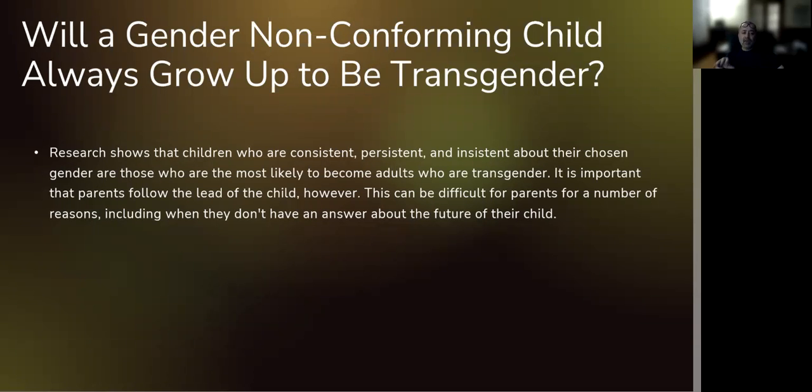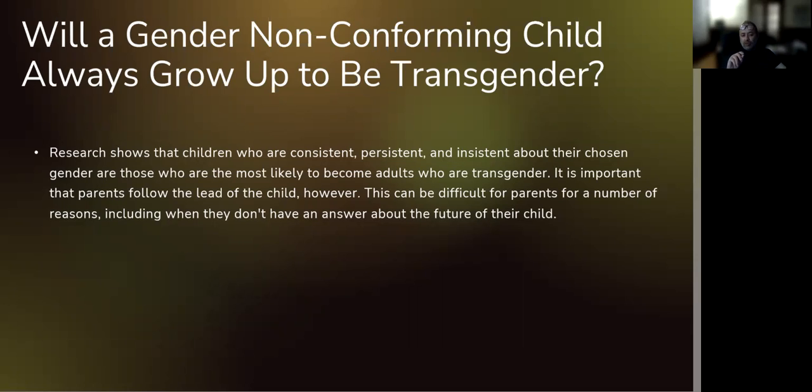Will a gender non-conforming child always grow up to be transgender? That's a question. The research shows that the children who are consistent, persistent, and insistent about their chosen gender are those who are most likely to become adults who are transgender.